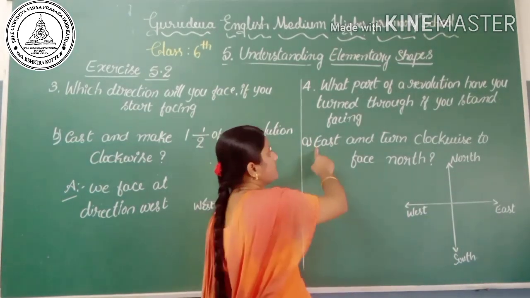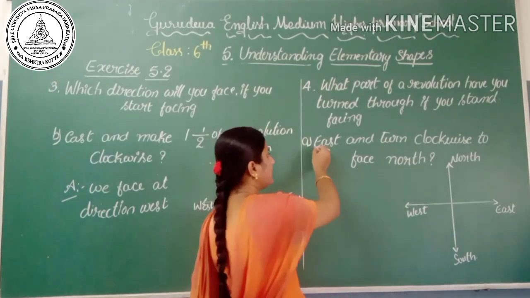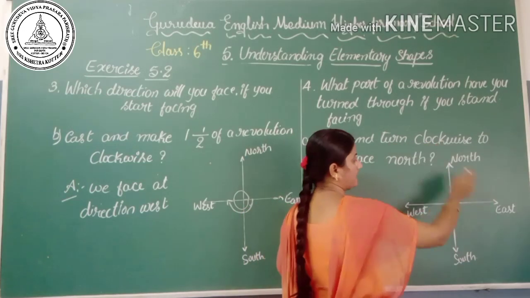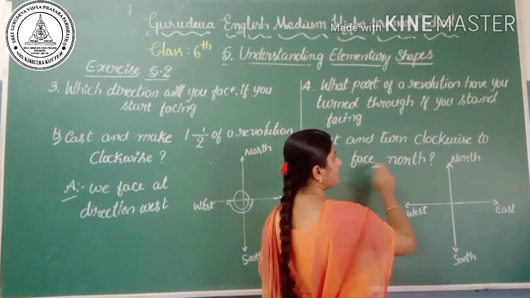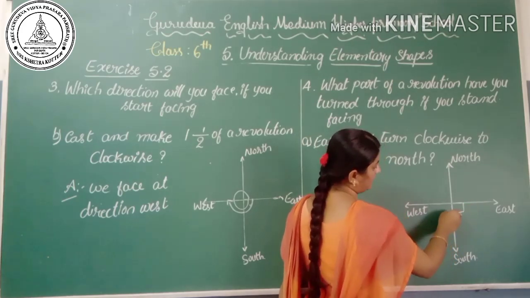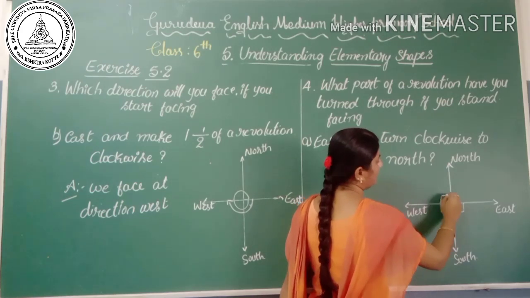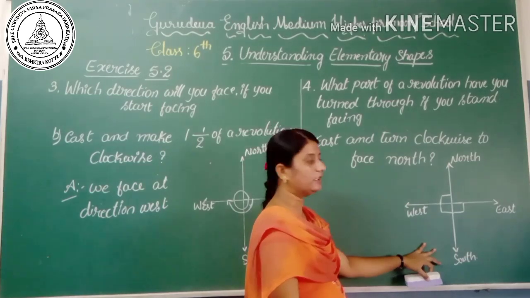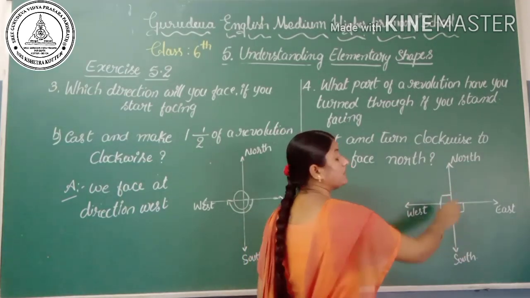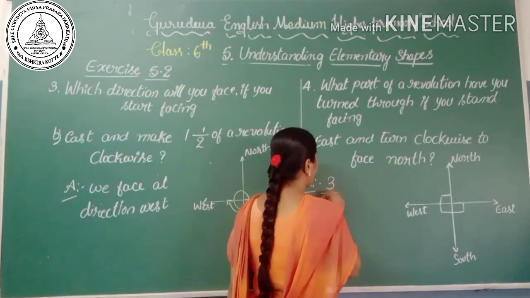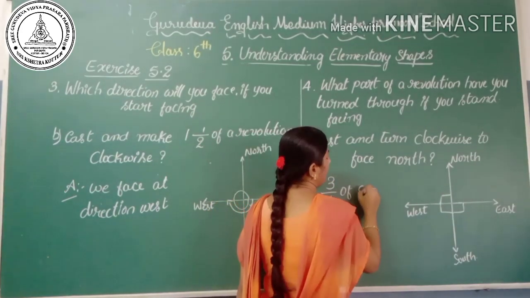First stand facing east, and turn clockwise to face north. So here east to north: 1 right angle turn, 2 right angle turns and 3 right angle turns. So the part of the revolution we have turned is 3 right angle turns. So we have to write it is 3/4 of a revolution.